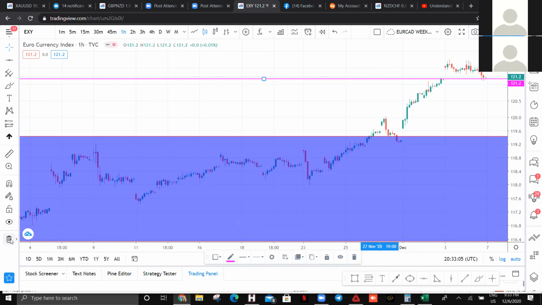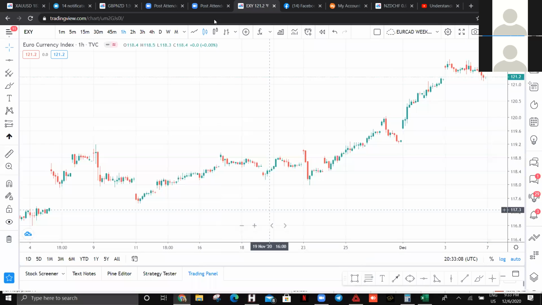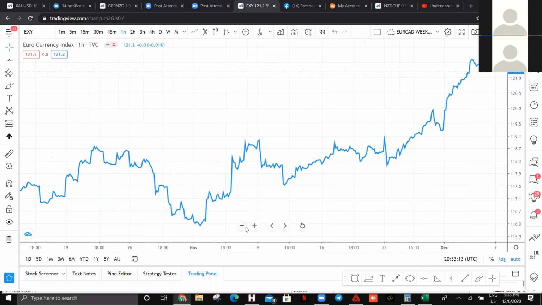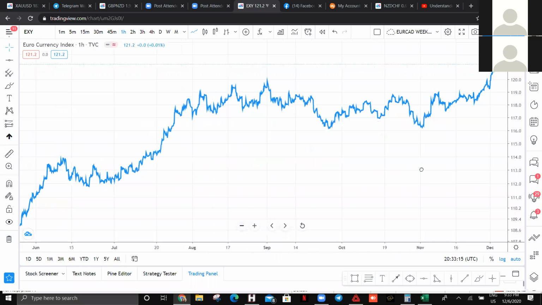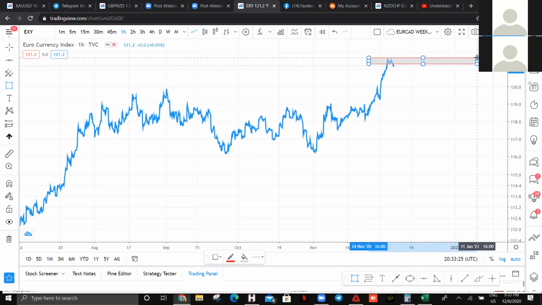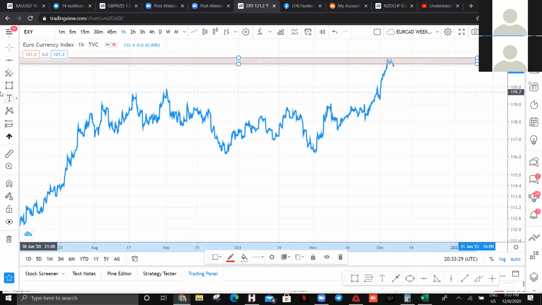Let me draw it again. Line charts. So we already understand how to identify our pullback. So there's no need I'm explaining it further. I will just continue with this. So that is the first pullback here.